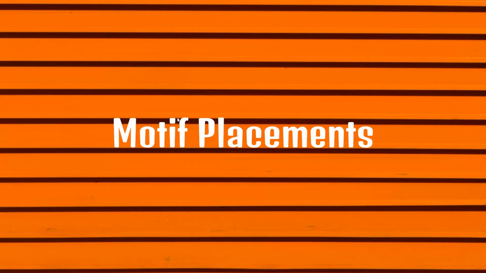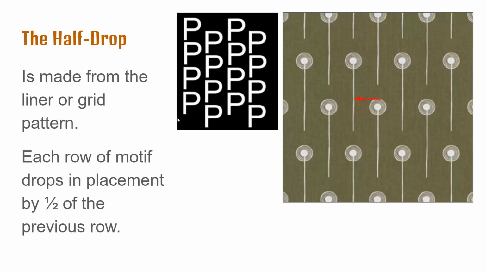Where do you place your motif? One of the styles of placement is called the half drop. That's basically, imagine a grid, but another word for it would be staggered. The little icon here with the letter P standing for pattern, this is a row of the letter P, but this row here is offset or staggered.